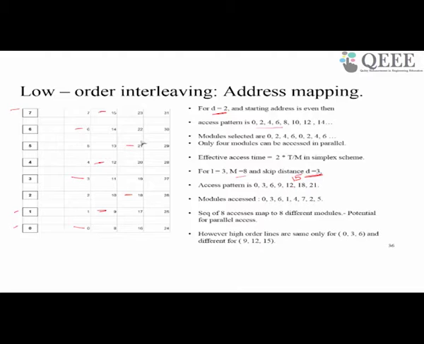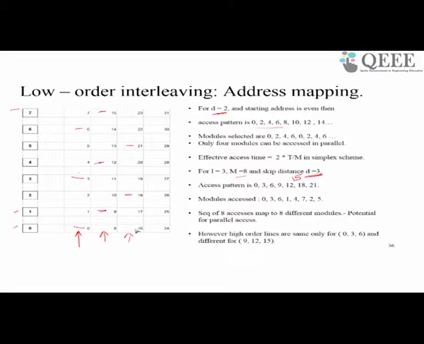But there is only one problem in these accesses: the higher order lines will differ for this group from this group. Therefore, we cannot access all these modules at the same time. We can only effectively access 1, 2, 3 at a given time if you provide the common set of high order address lines to all these modules. Then we have to wait for another cycle and provide a different set of address lines for this address port and so on.